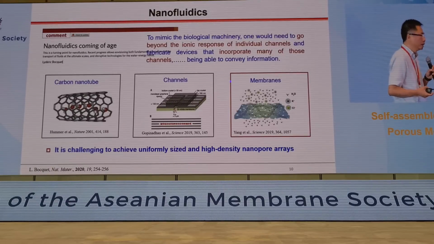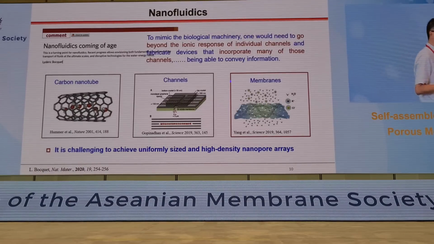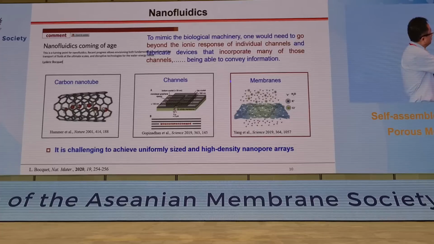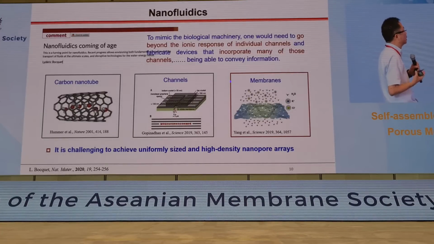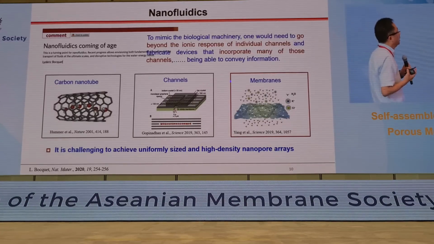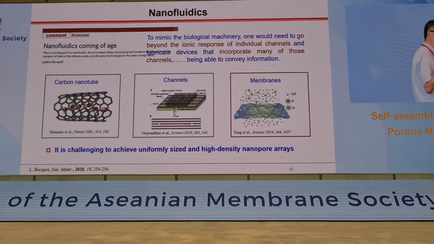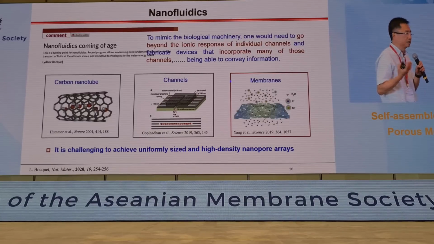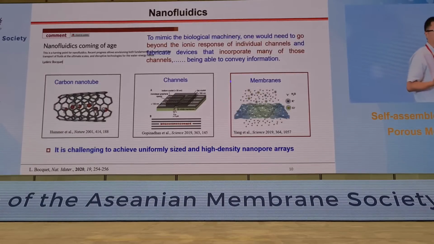In 2020, Nature Materials published a comment on the advent of nanofluidics. They pointed out that to biomimic the biological machinery, one would need to go beyond the ionic response of individual channels and fabricate devices that can incorporate many of these channels.